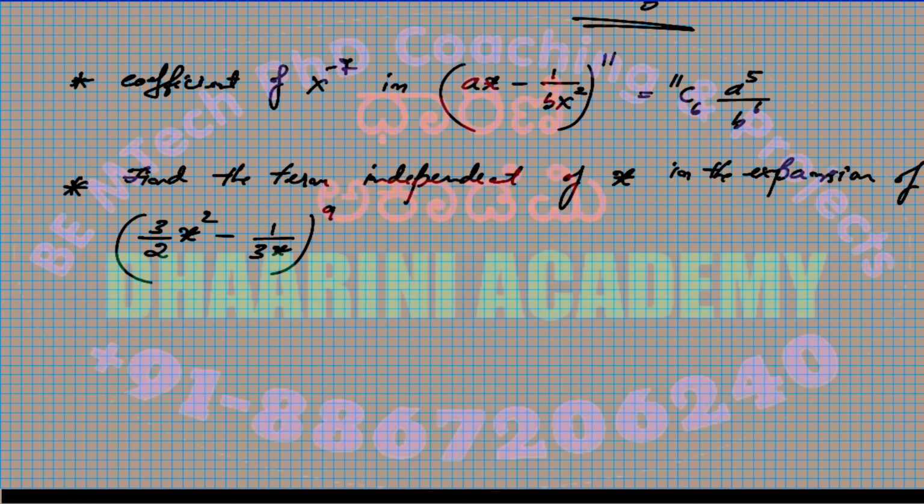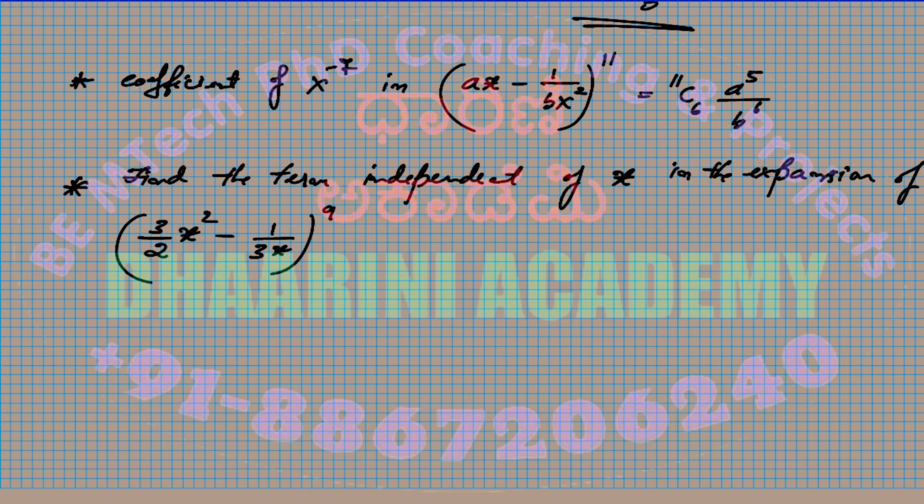So here we need to find the term independent of x, which means when I find the tr plus 1, I have to have the x to the power 0, because x to the 0 indicates 1, no x.